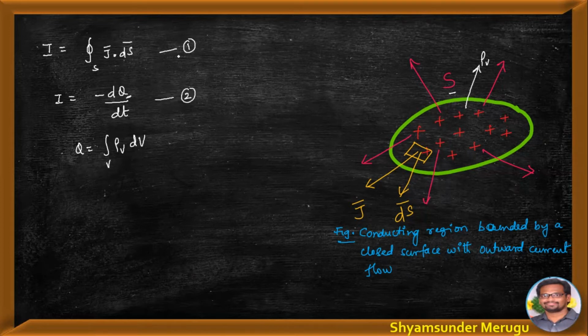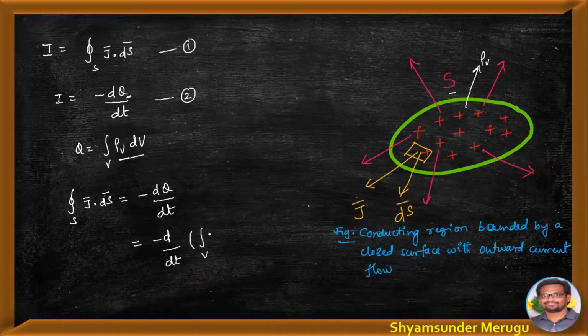Now, equating equations 1 and 2, closed surface integral J bar dot ds bar equals minus dq over dt. Replacing q with the volume charge density, we can write minus d over dt of volume integral rho v dv, and on the left side closed surface integral J bar dot ds bar.